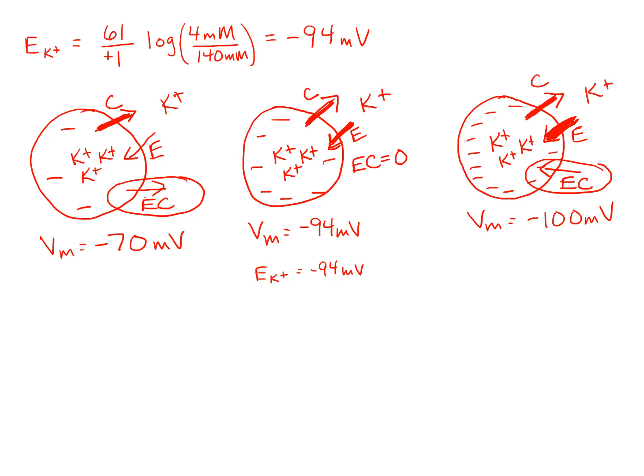Okay, so the key to these problems is you've always got to draw the cell at equilibrium first, because that's when you know the chemical and electrical driving forces are the same size but going in opposite directions. And then you can draw the cell when it's not at equilibrium, and then you can figure out the relative size. Okay, so let's do some more examples here.